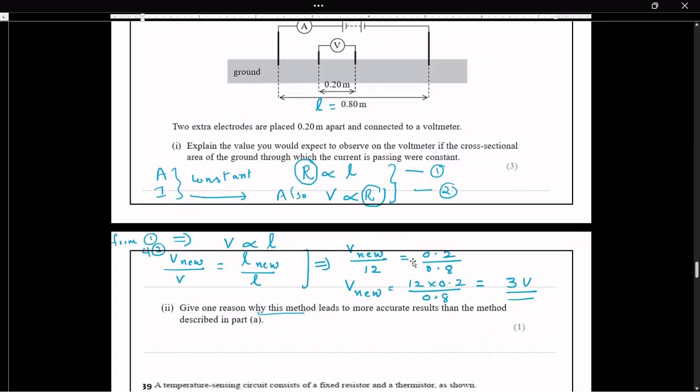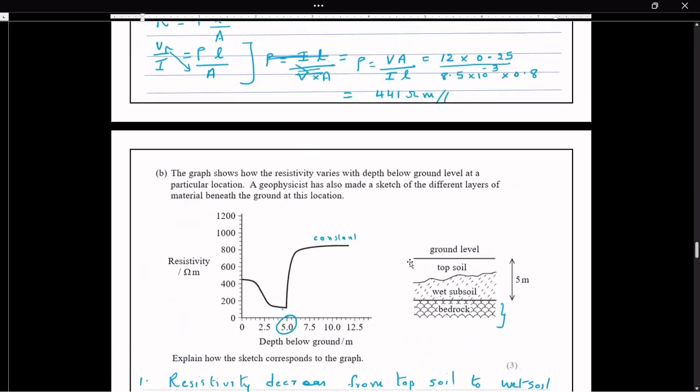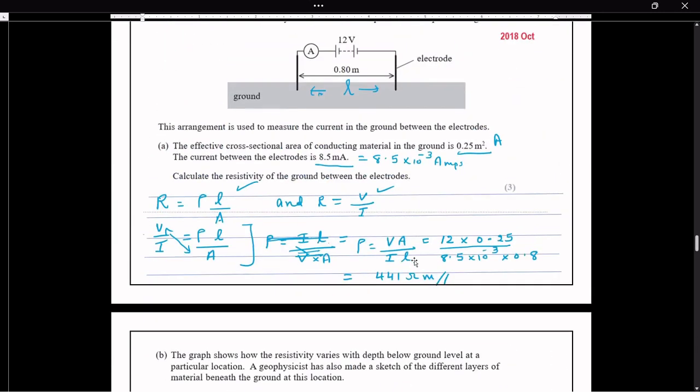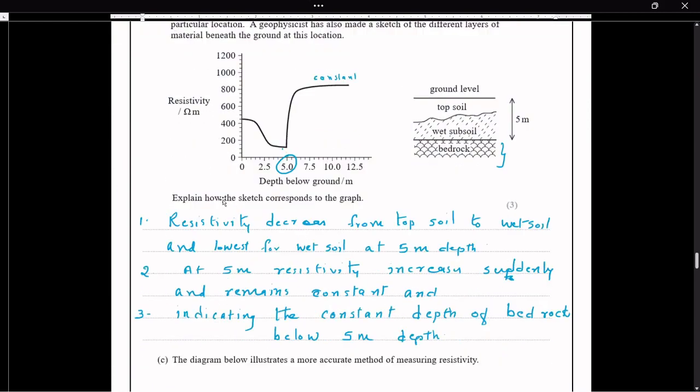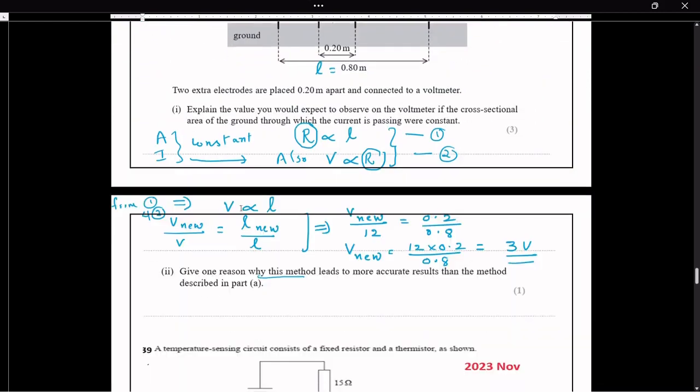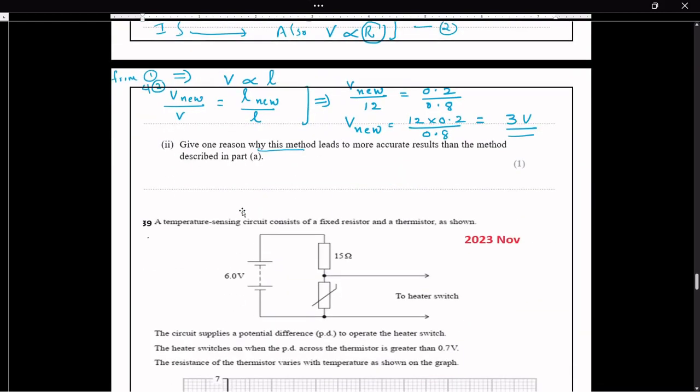You look at the initial part, they were calculating the resistivity. So the resistivity is depending on the resistance. So let's see, is there any change in the resistance, or how it is related with the resistivity.